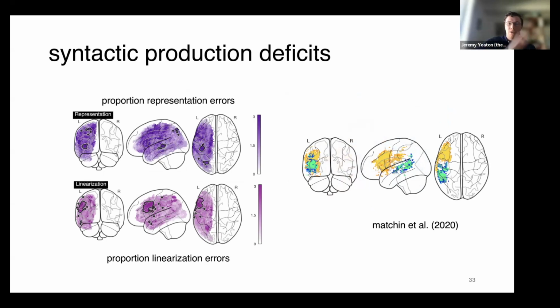So yes, on the one hand, we can do our perceptual classification as being agrammatic or paragrammatic, which is loosely based on these notions of representation versus linearization. But if we use this utterance level approach, we can get something that is a little bit more fine-grained, but which produces a qualitatively similar lesion map.